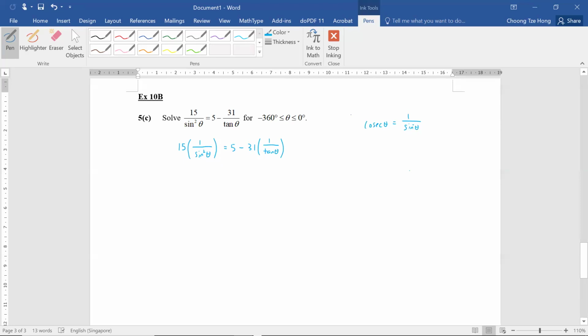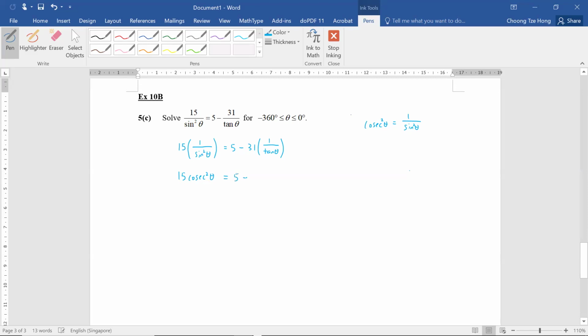So 1 over sine square theta is cosecant square theta, and you can replace it with that. You may be asking how this simplifies the question. But at least after this step, we have gotten rid of a denominator. So now it's just 15 cosecant square theta.